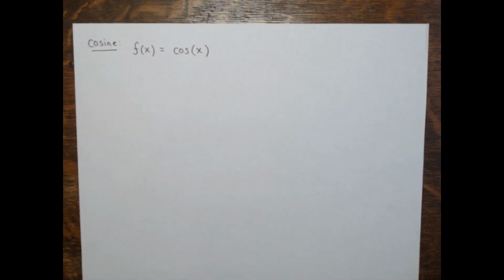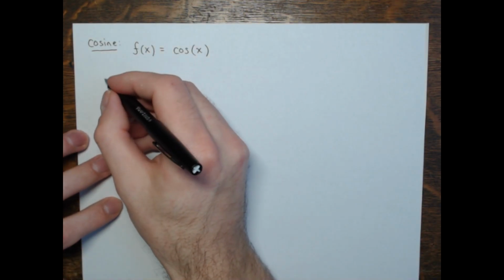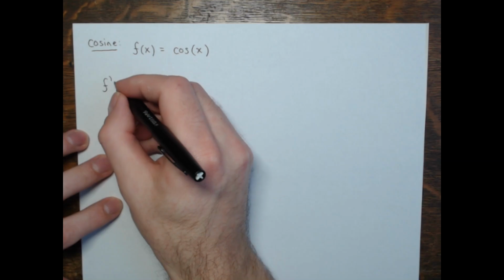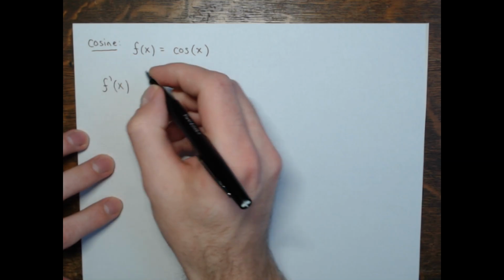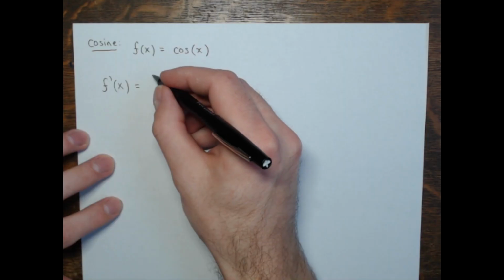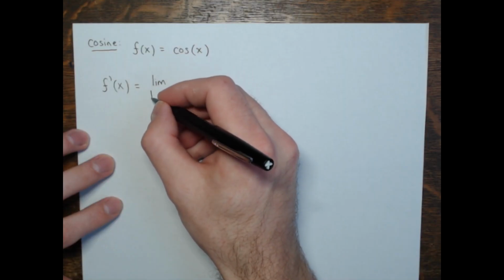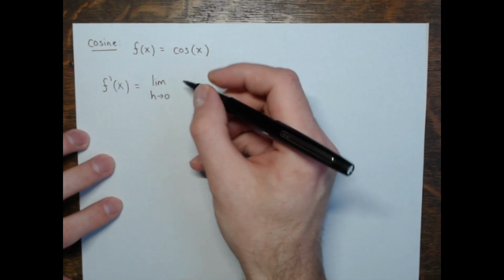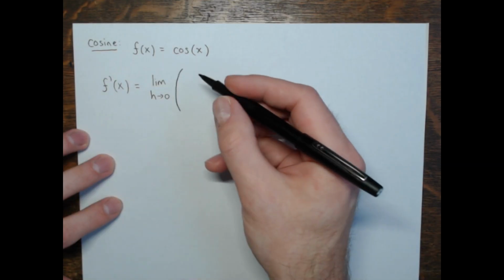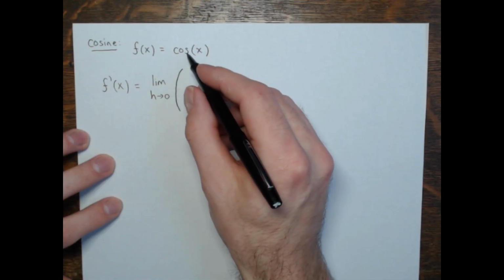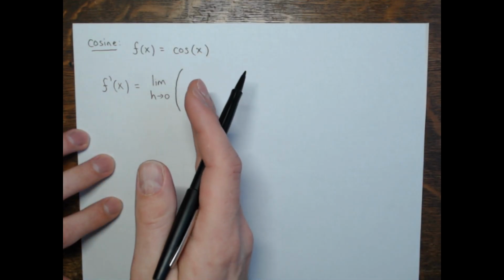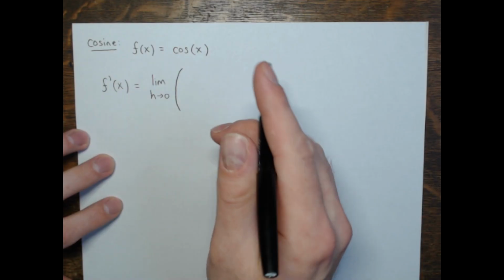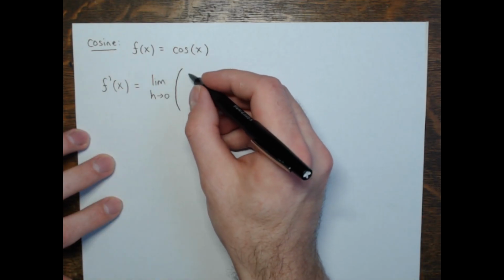All right, so once again, I'm going to find the derivative of the cosine function using that limit definition. So f prime would be the limit as h approaches 0, and then again, slopes of secant lines from a point at x to a point at x plus h on this cosine graph, right?